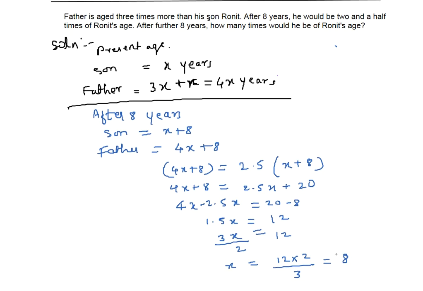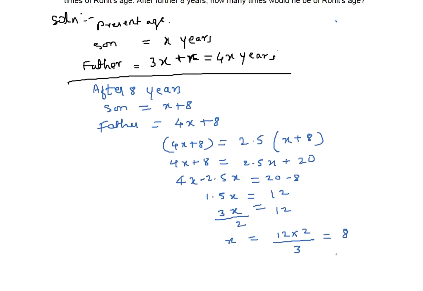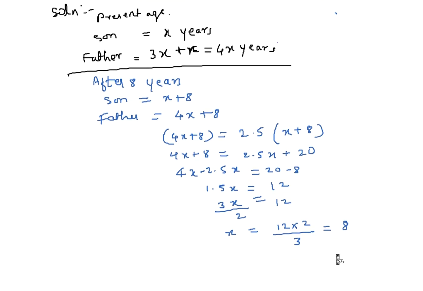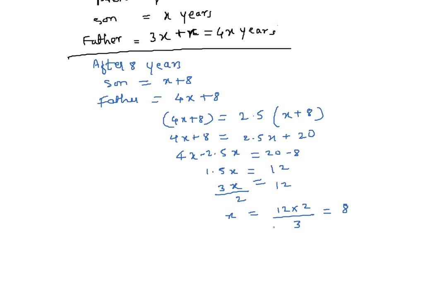Now what's the question? After a further 8 years, how many times would he be of Ronit's age? So we want after a further 8 years, it means after 16 years.